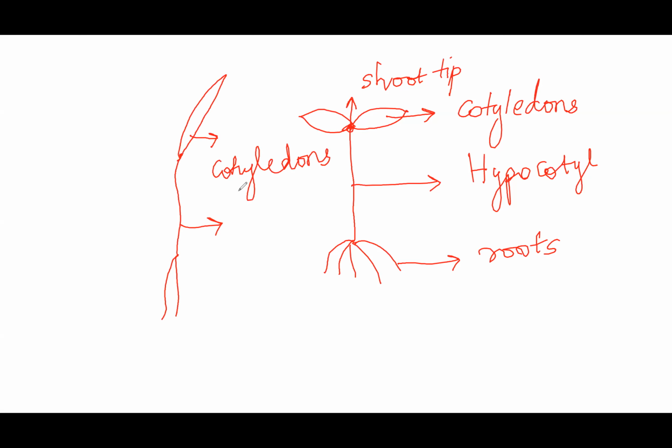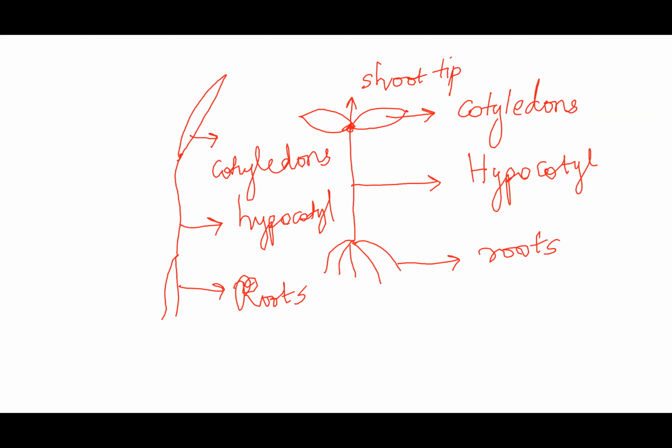This is again your hypocotyl. These are your roots. Because there is a single cotyledon coming out, these are known as monocotyledonous plants. These are dicotyledonous plants.